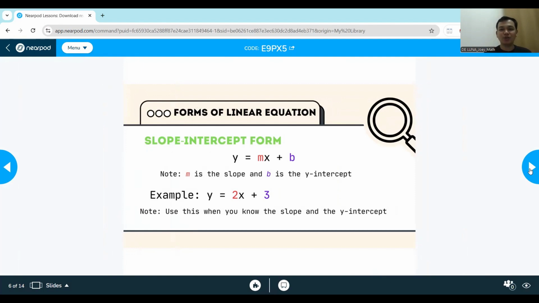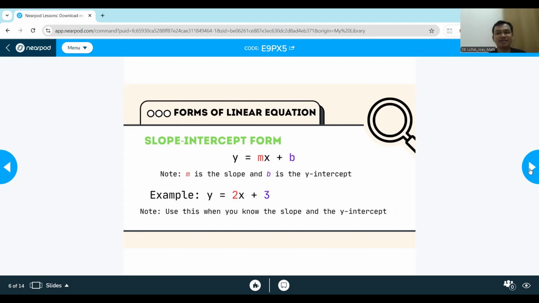Okay, so let's start with the superstar. Once I say superstar, this is the most famous among those forms of the equation of a line, which is the slope-intercept form. And it is y equal to mx plus b. M is the slope and b is the y-intercept.